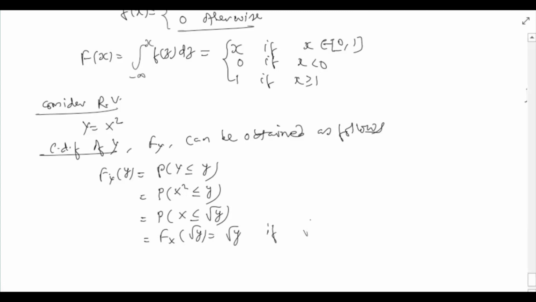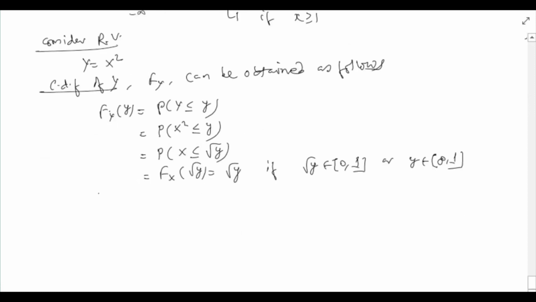This holds if root y is in 0, 1, or equivalently if y is in 0, 1. It can also easily be seen that F_Y(y) is 0 if y is less than 0, and it is 1 if y is greater than or equal to 1. From the CDF of Y we can obtain its PDF by differentiation.